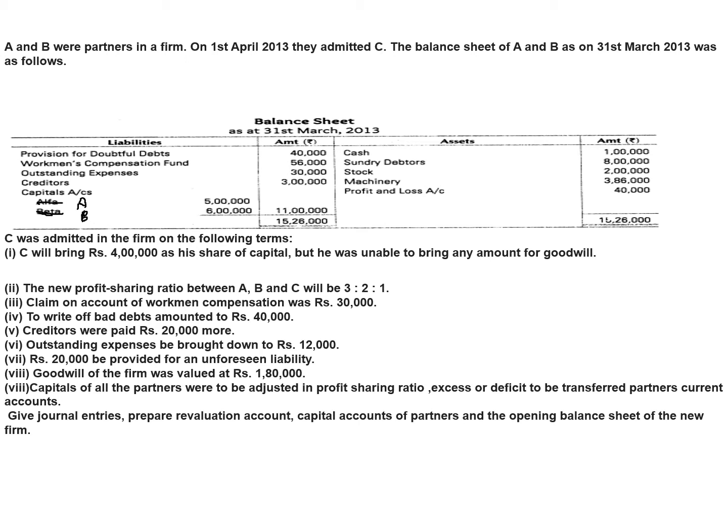It has decreased from 56,000 to 30,000. By how much has it decreased? 26,000. The workman compensation fund account debit 56,000 to revaluation 26,000.